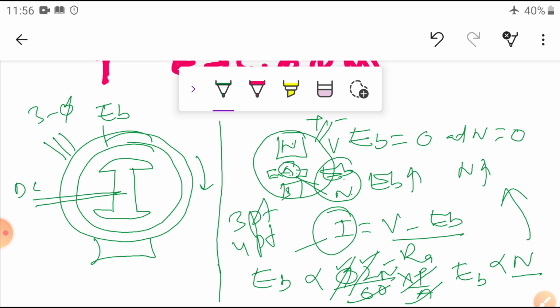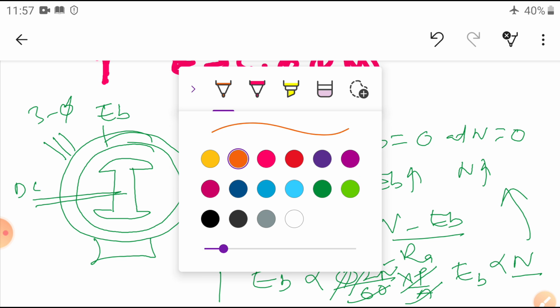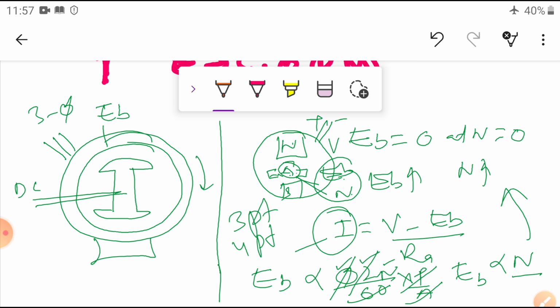But in the case of our synchronous machine, dear students, please observe here: the back EMF is developed in the stator, depending upon the DC excitation to the rotor. One DC flux is given to this rotor, and due to this an EMF is induced in the stator, opposite to the supply voltage. That's why we call it the back EMF.